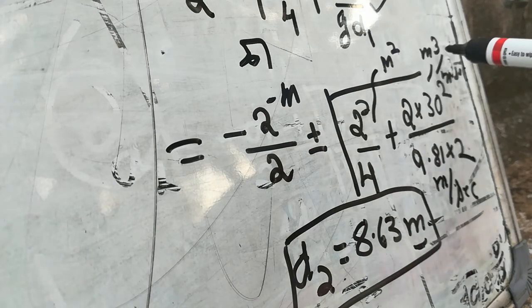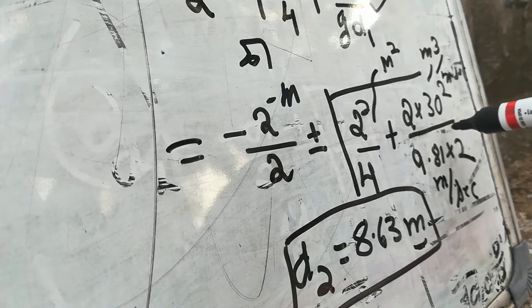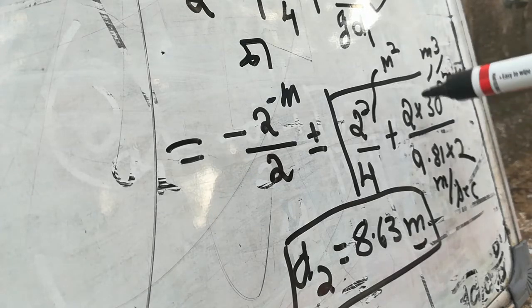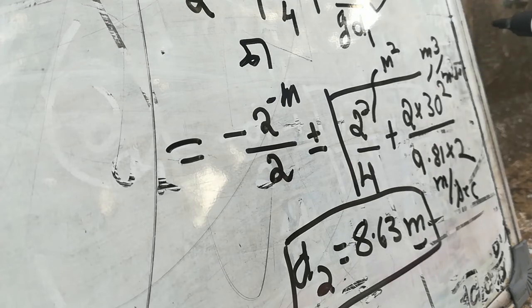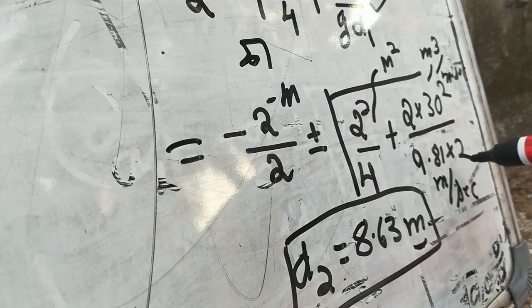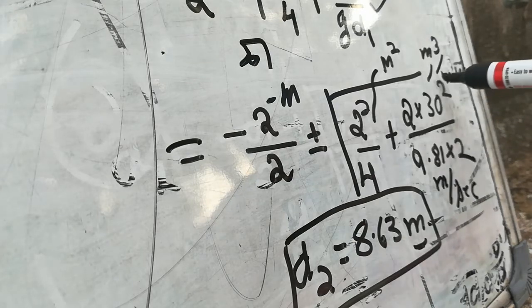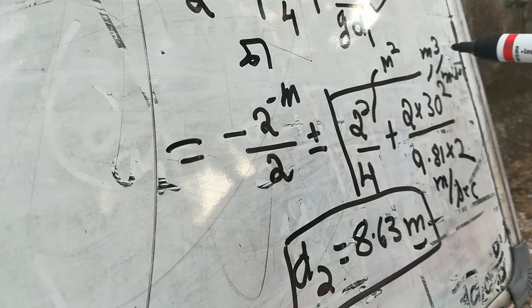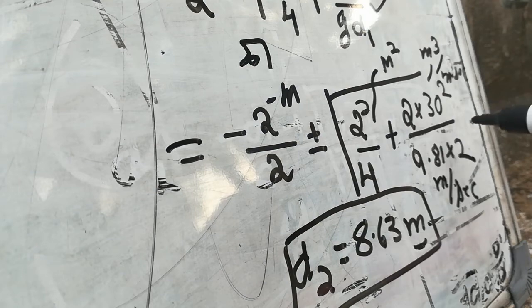So this one becomes meter cube inside the bracket. If you bring it outside, it is meter cube to the power 1 by 2. Then meter will go that side, so that will be meter to the power 4, second square divided by meter, and both cancel each other, then finally we get meter.